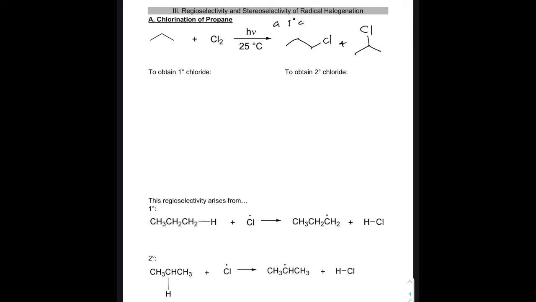So this would be a primary chloride. This would be a secondary chloride, right? And when you do this experiment, the yields are about 40% primary and about 60% secondary. Meaning there's some selectivity. It's not a great selectivity, but the secondary chloride is definitely preferred.